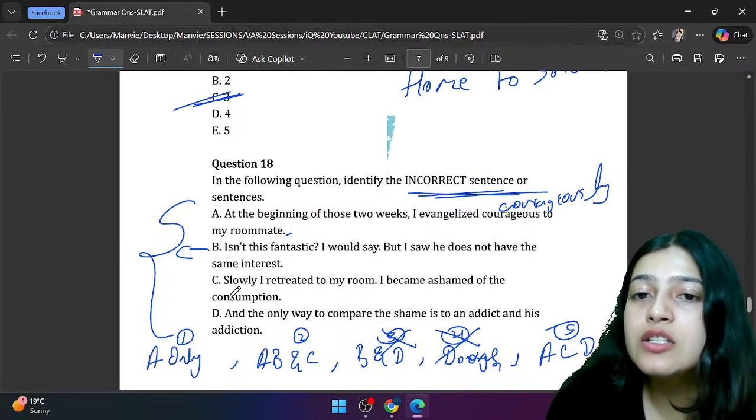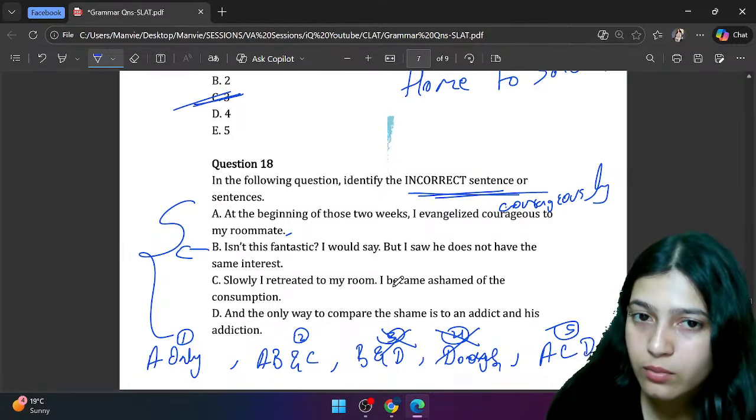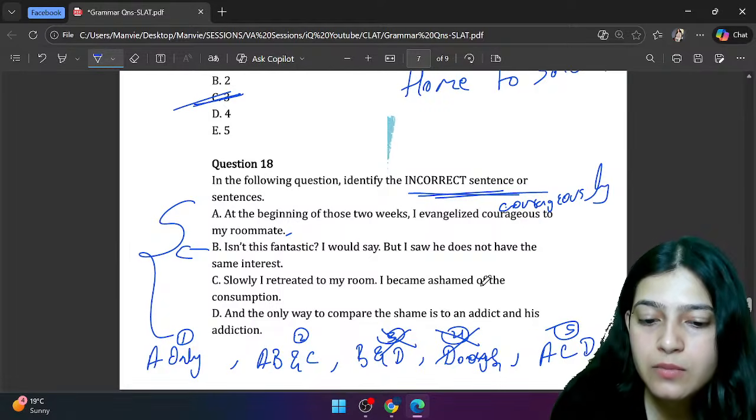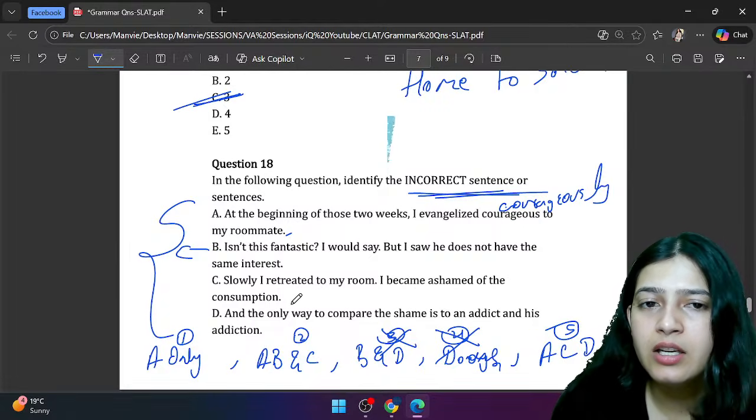So C says, "Slowly I retreated to my room. I became ashamed of my consumption."